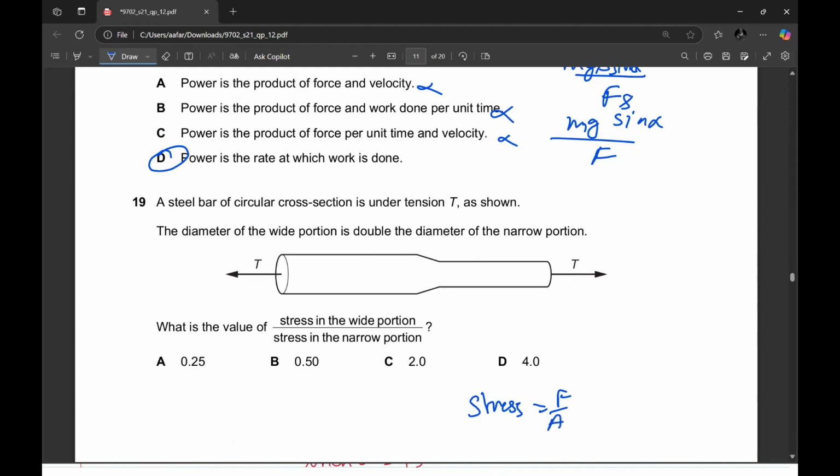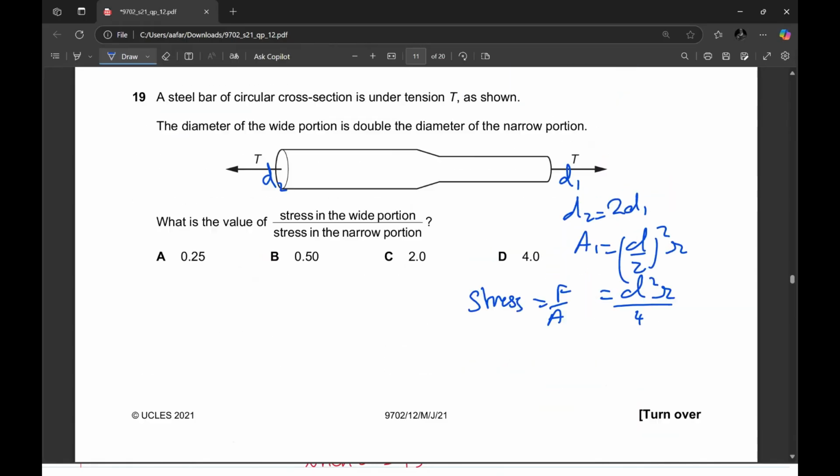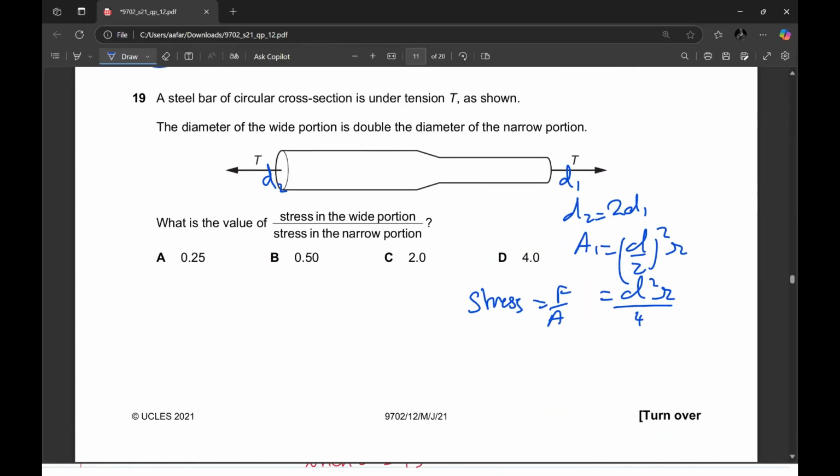So let's say the diameter of the narrow portion is D1 and the wide portion is D2, and we know that D2 is equal to 2 D1. So A1 is basically (D over 2) whole squared times pi, or you can say D squared pi over 4. A2 is (2D over 2) whole squared times pi.